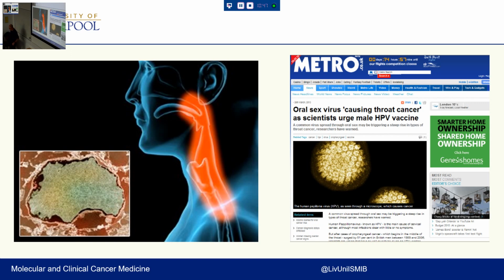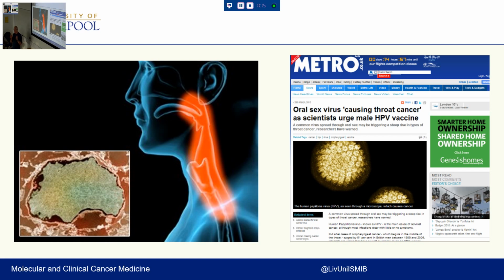And then that brings us to human papillomavirus, which is the new kid on the block, essentially. Although I say that, it's something that we have been very well aware of for about the last 20 years or so. Now, these are cancers which are a specific subsite in the head and neck. They're tonsil cancers or the base of tongue. They are oropharynx cancers, and these are sites where there is mucosal lymphoid tissue.